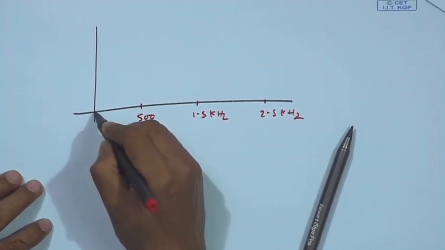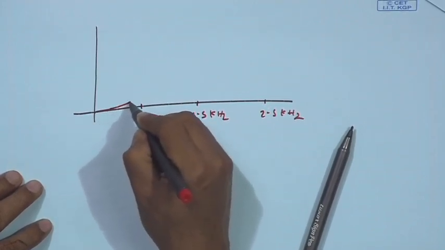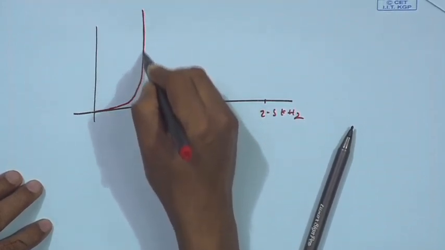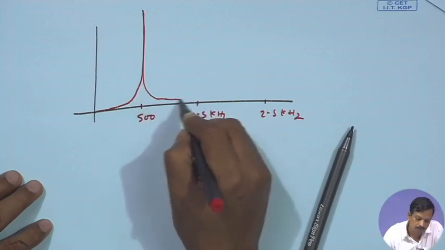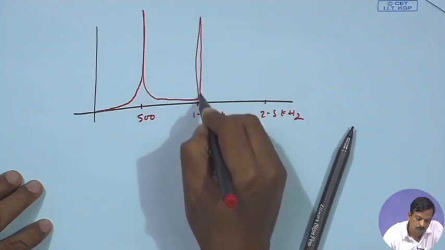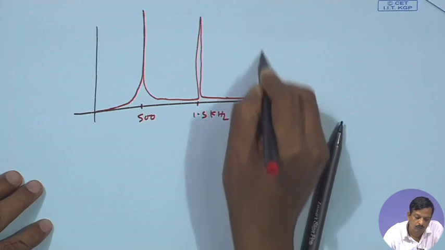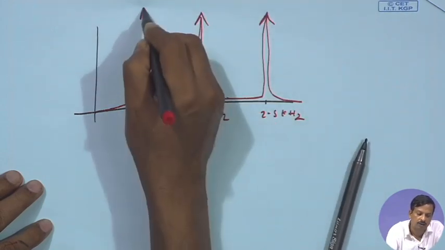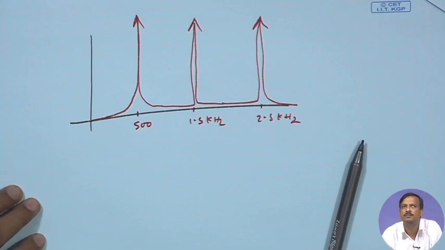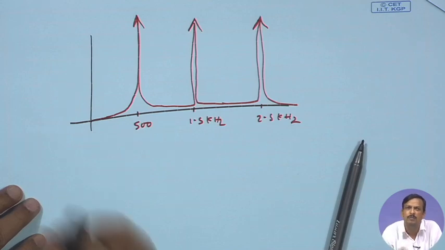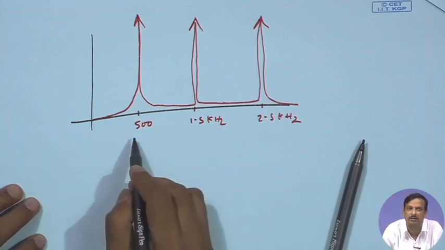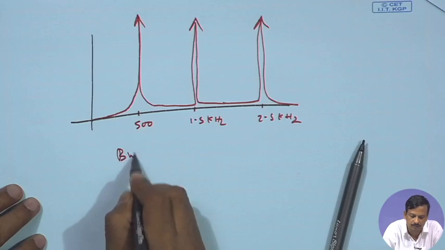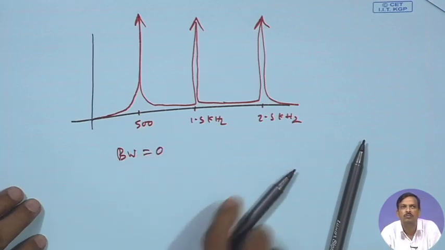At 500 hertz the power is maximum, and so on. I can put an arrow here, so it is infinite power. It is an infinite impulse, with the impulse power at 500 hertz and bandwidth equal to 0.